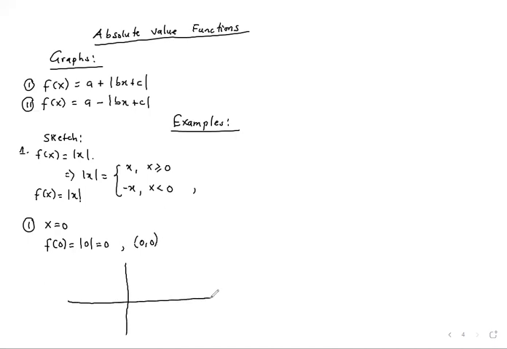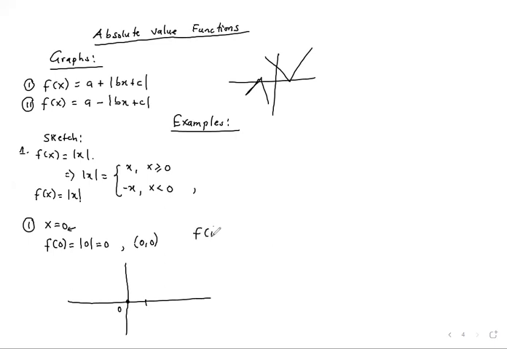From the two families, we said the family on top is facing up, the family down facing down. Now in this case, we are in the family on top where the outside is positive. So we'll start from there. If we don't know and don't want to memorize, pick a number bigger than 0. Let's say 1.